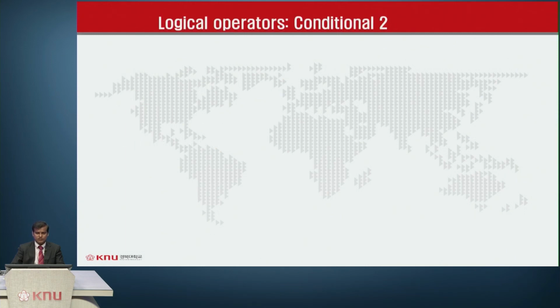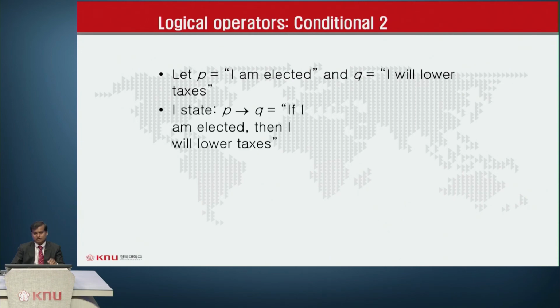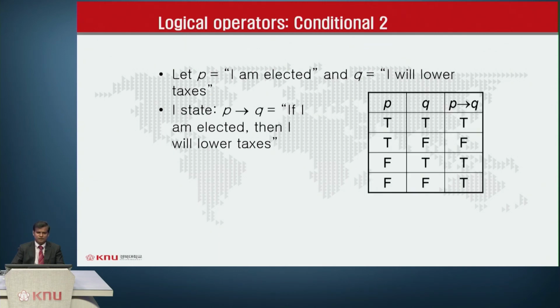Let us see more on this conditional statement, because it is one of the important parts that we have to have a solid basis on before we move on. Let P be I am elected and Q be I will lower taxes. P implies Q: if I am elected, then I will lower taxes. Here you can think about when the implication is true and when it is false.